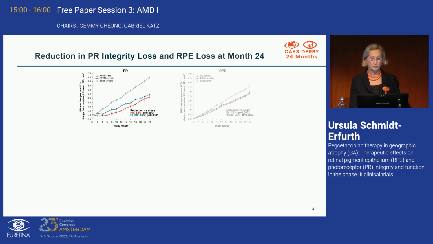Now that we are equipped with such precision tools, we could look on the phase 3 trials, which was OAKS, as seen here. The gray line is always the sham line, and red and blue are monthly and bi-monthly treatment. You can clearly see that in OAKS, at the level of the photoreceptors, the gray line, the progression of the disease, is much higher than the progression at the level of the RPE.